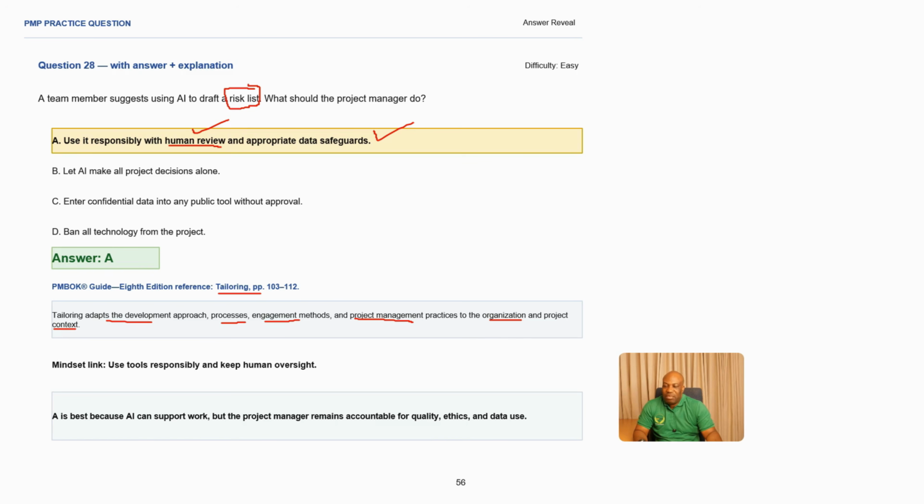So what is the best mindset that you can use in this particular scenario? You use tools responsibly and keep human oversight. You still need some human intervention to make sure that whatever is coming from AI is actually correct. And making A the best answer. AI can support work, but the project manager remains accountable for quality, ethics, and also data use, making A the best answer.